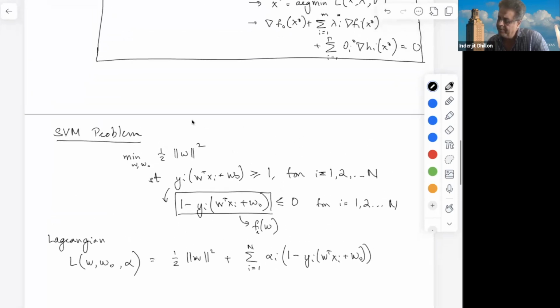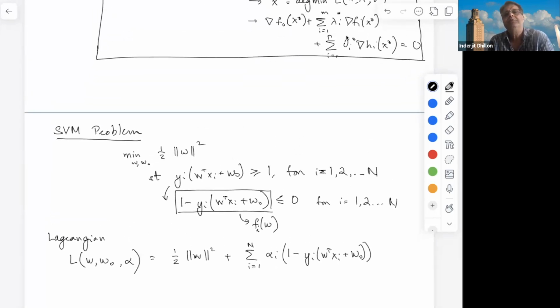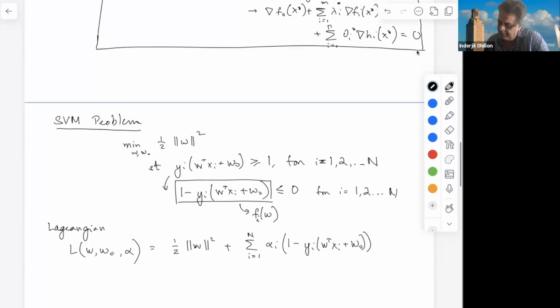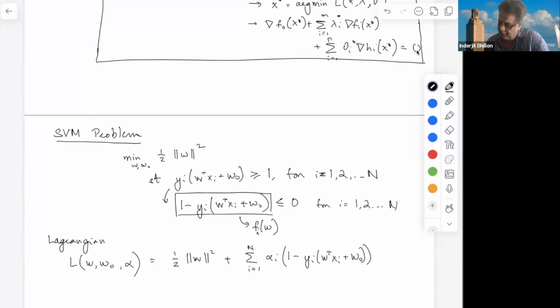And remember, from above, I can basically take the gradient with respect to the primal variable and set it to 0. Okay, so let's do that. Let me take the gradient with respect to w of L(w, w naught, alpha).